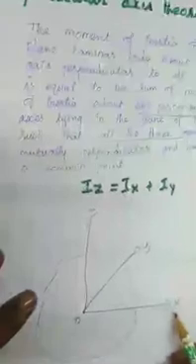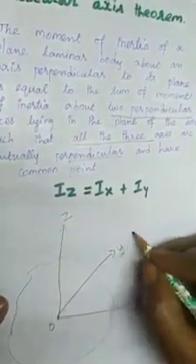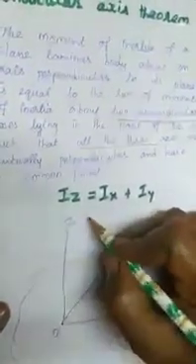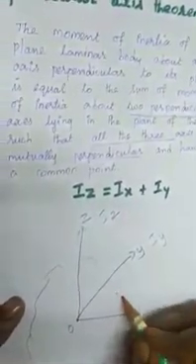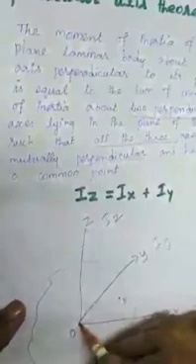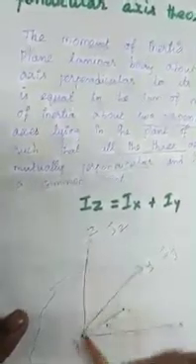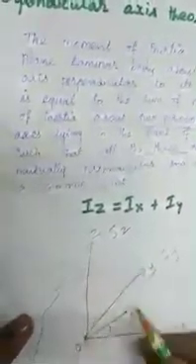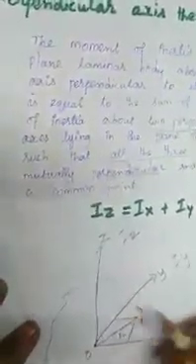The moment of inertia about the X axis is Ix, about the Y axis is Iy, and about the Z axis is Iz. From this plane we consider a point P. The point P is present at a distance R from the common point O. Here the X, Y and Z axes meet at the point O. Now we join that line. The mass of this point P is M.